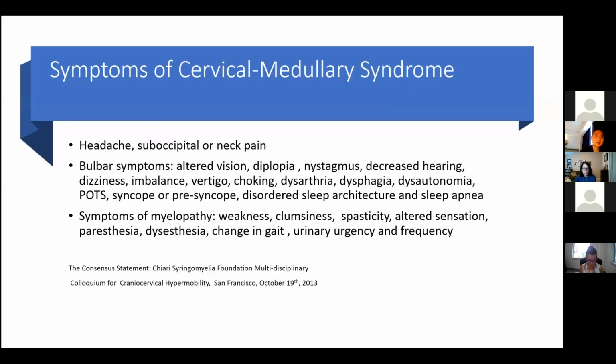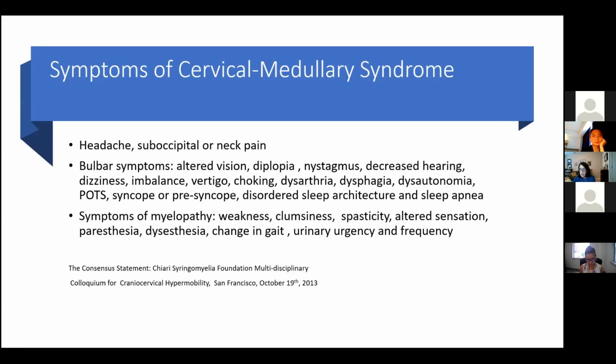neuropathy. The cervicomedullary syndrome was defined by a consensus statement of the Chiari and Syringomyelia Foundation Multidisciplinary Colloquium in 2013 to include headache and suboccipital or neck pain and bulbar symptoms of altered vision, double vision, nystagmus, diminished hearing, dizziness, imbalance, vertigo, choking, difficulty swallowing or speaking, dysautonomia, disordered sleep architecture and sleep apnea, and symptoms of myelopathy.